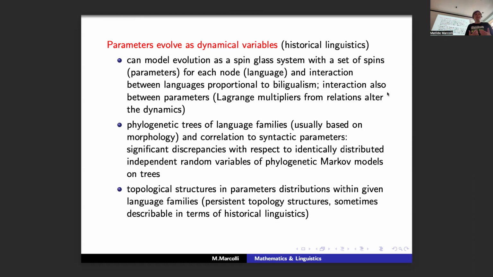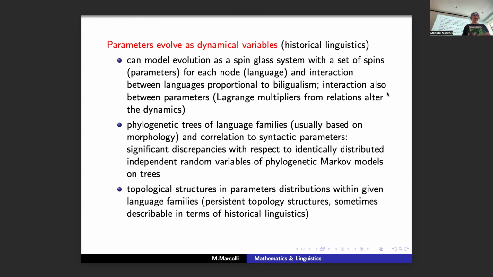Also, if one thinks of phylogenetic trees of language families and tries to model the evolution of syntactic parameters as a kind of Markov model on the tree, one can see the discrepancy from that hypothesis, which again measures the fact that these are not independent, identically distributed variables.